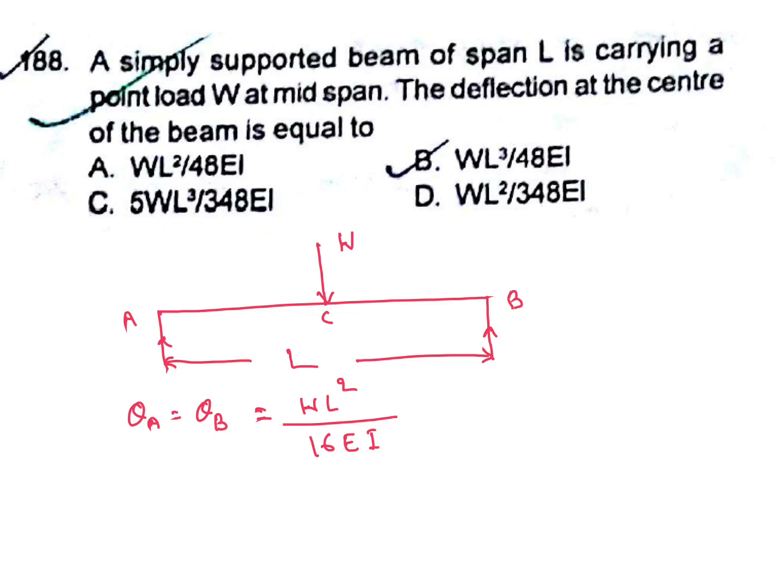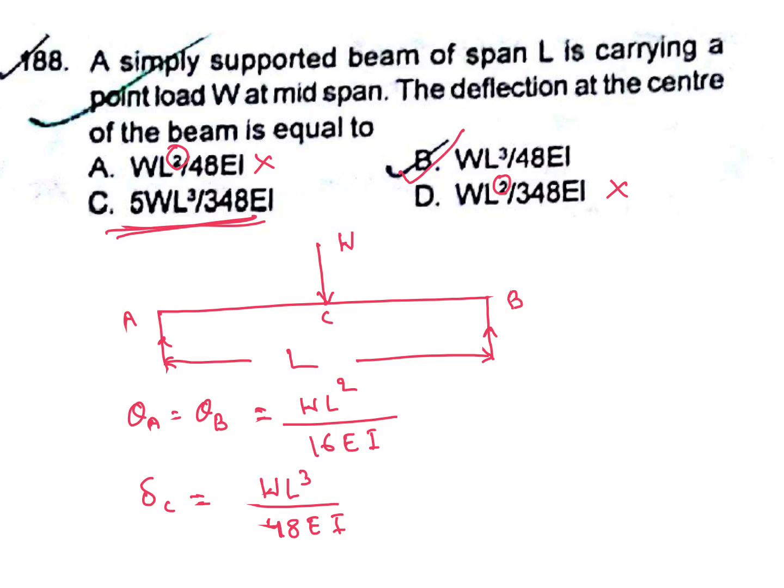Deflection at C is WL cube by 48EI. In deflection the square term will not come, while L square is in the slope, so A and D you can omit. And 5 by 384 comes for the UDL case. So B is our answer.